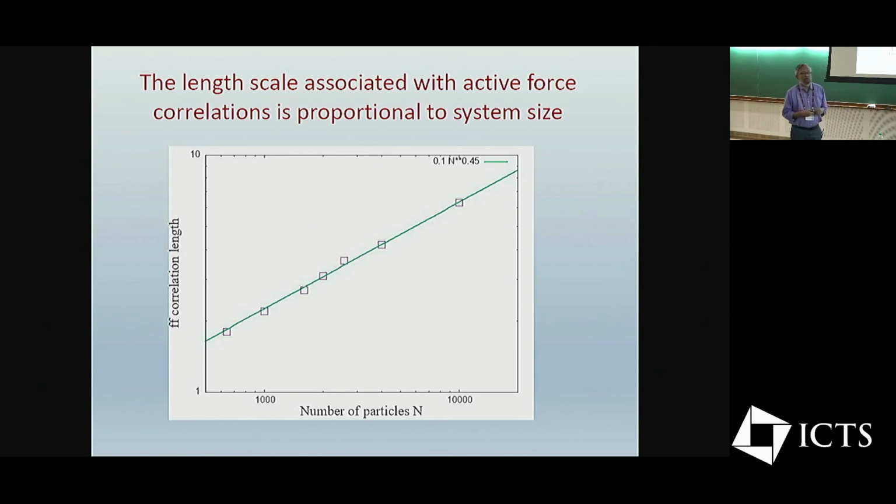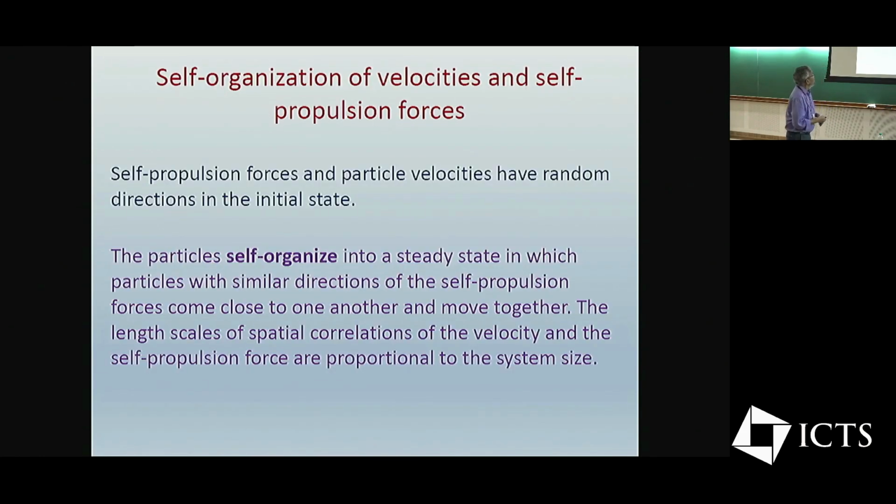This is something that is written in the next slide. This represents some kind of self-organization of the velocities and self-propulsion forces, in the sense that when the system is started, the velocities are given random directions. Self-propulsion forces are also given random directions. But through the dynamics of the system, it goes into a state where both the velocities and the self-propulsion forces become correlated over longer and longer distances.